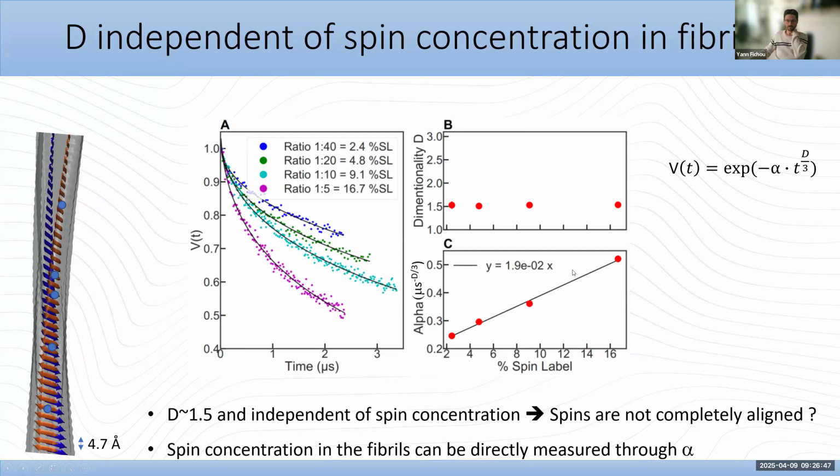What this means is that we can directly calculate the density of spins, and therefore we can calculate the spacing between each of those monomers in our assembly. Obviously this is already known here, it's an amyloid, 4.7, but for any other system, that's information that could be quite interesting.